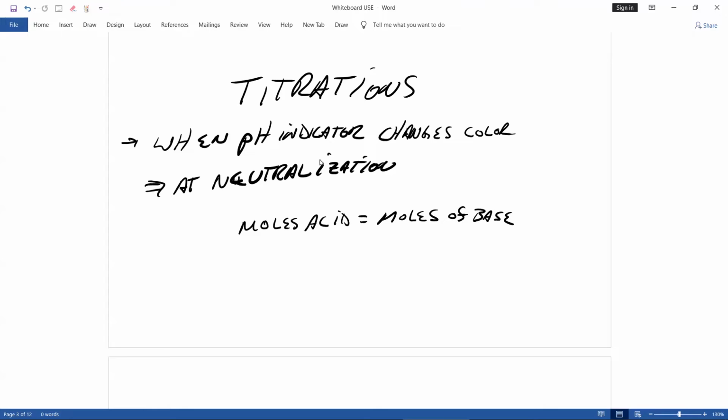And what that really means is milliliters of acid times molarity of acid equals milliliters base times molarity of base. And in titration, you have milliliters of both acid and base, and you either have molarity of acid and you solve for molarity of base, or you have molarity of base and you solve for molarity of acid.